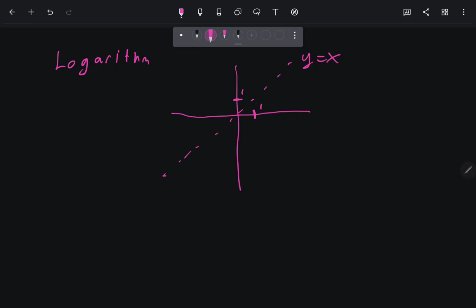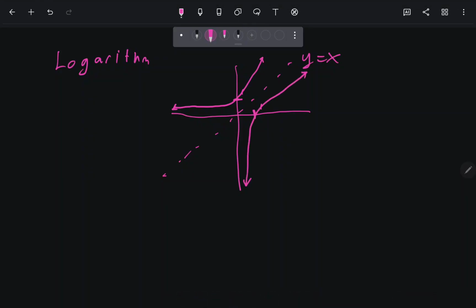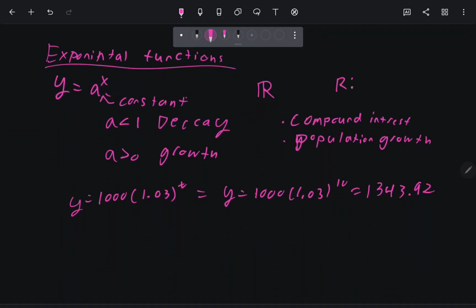We are going to see that this right here is an exponential, and this right here is a logarithm, and they are perfect inverses. And this holds true: their domain is actually swapped with their range. For example, the range up here for an exponential function doesn't include 0, it's 0 to infinity.